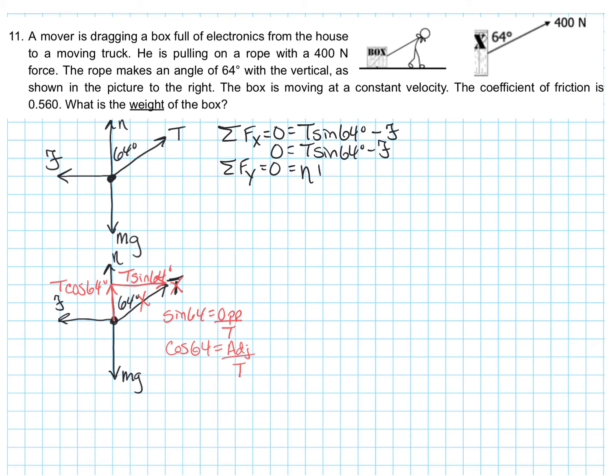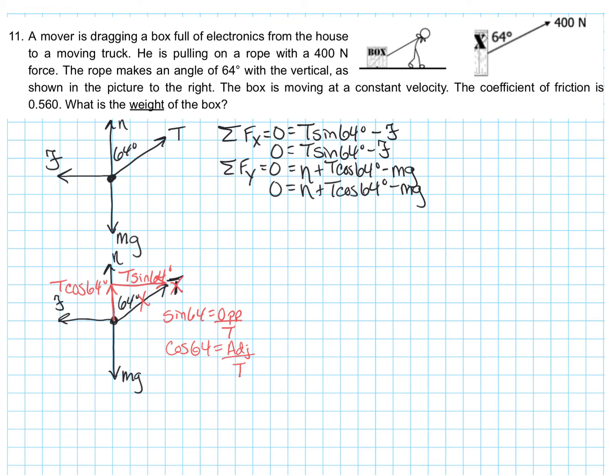So that's eta plus T cosine 64 minus the forces going down, which is the weight. And I'm using the symbol mg for the weight. All right, so that's looking good. And that's going to give me the equation 0 is equal to eta plus T cosine 64 degrees minus mg.